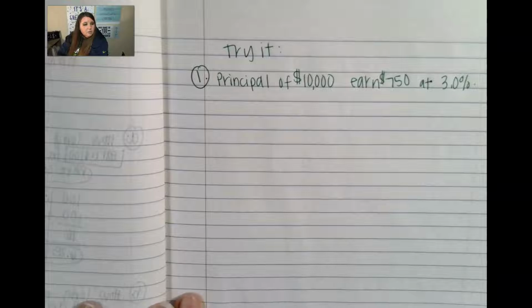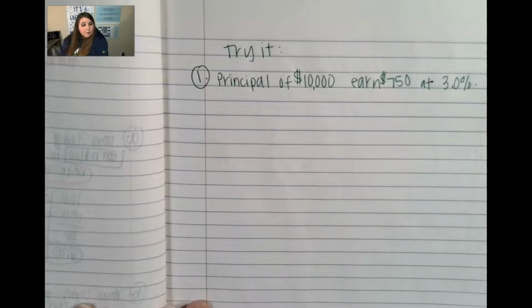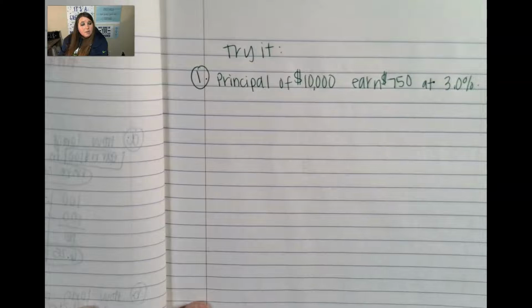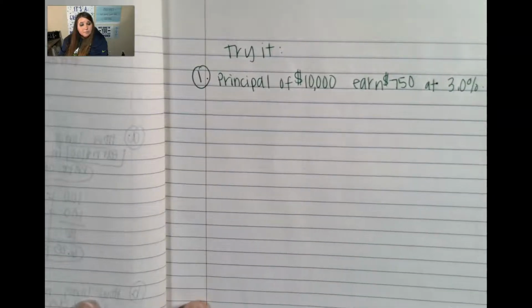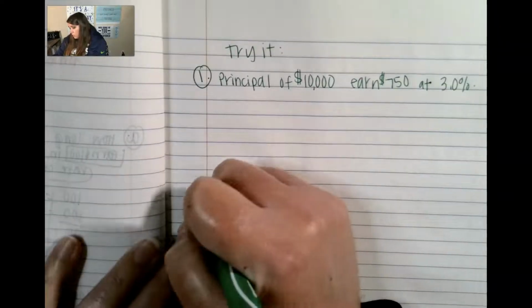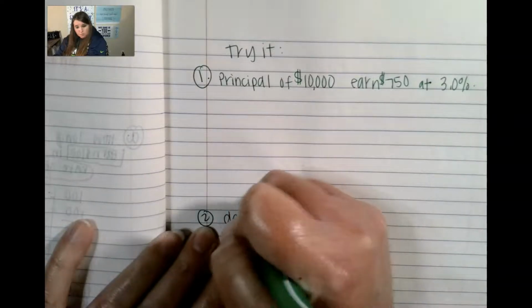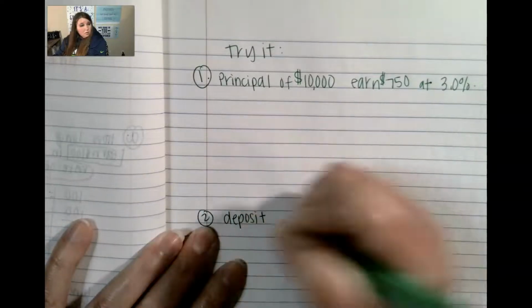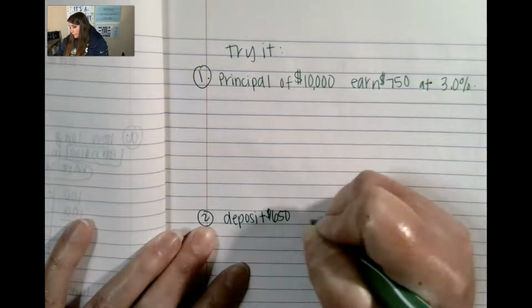Try-it number 2 says that you deposit $650 into a bank account. How long does the account with an annual interest rate of 5% take to earn $178.25? So try-it number 2. Deposit $650.